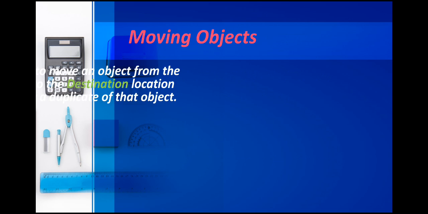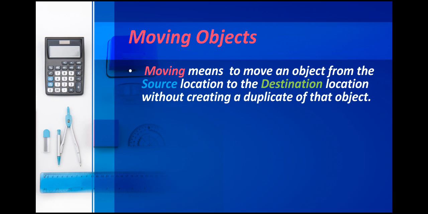Moving objects. Moving means to move an object from the source location to the destination location without creating a duplicate of that object. First, understand what a source location is. The original place of the picture placed onto your MS Paint screen is the source location. The place where the picture is settled is its source location.